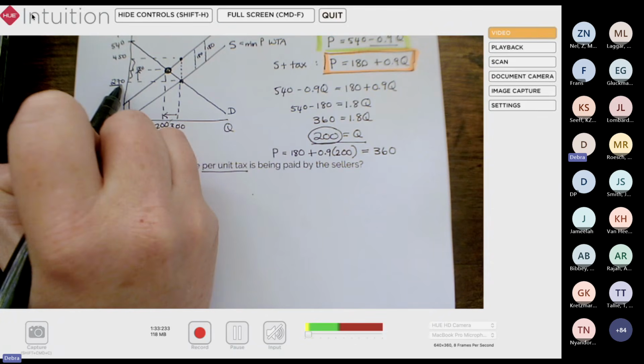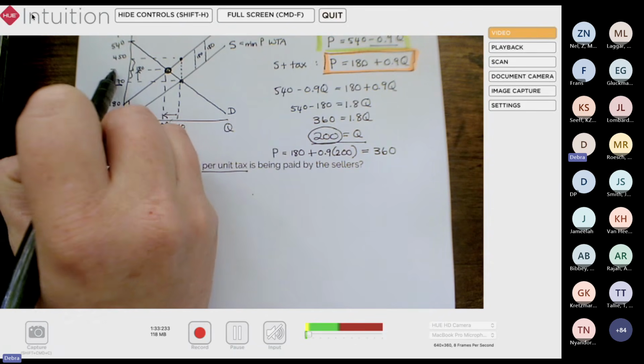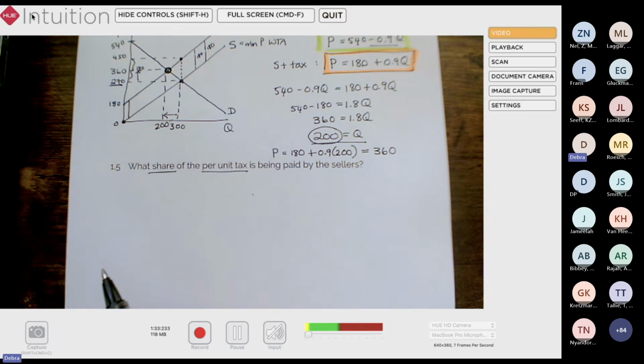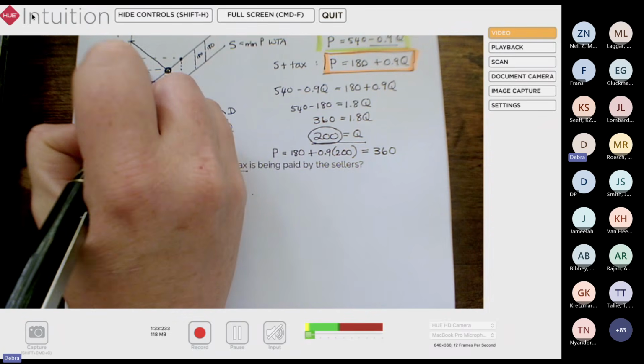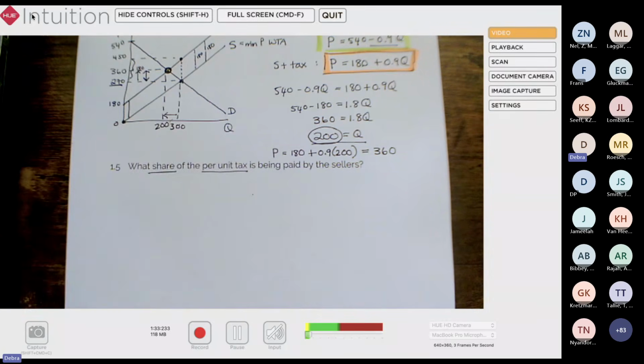The price that is now paid is 360. That gives me really important information. That tells me that buyers are paying 90 Rand more than they did before. Okay, so their price has gone up by 90 Rand.